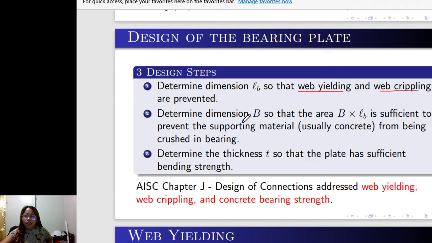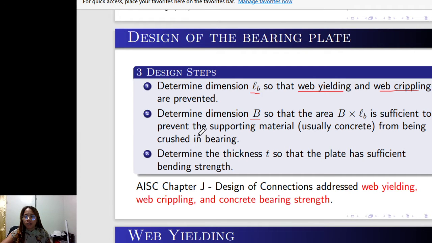Number 2, determine dimension B. This L sub B is the bearing length and this bigger B is the base, so that B times L sub B, the area of the bearing plate, is sufficient to prevent the supporting material, usually the concrete, from being crushed in bearing.